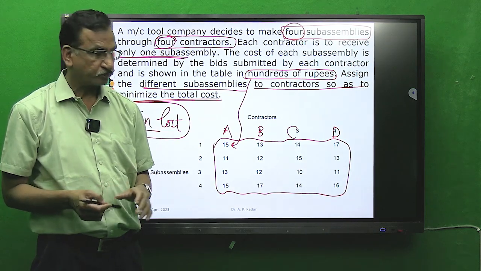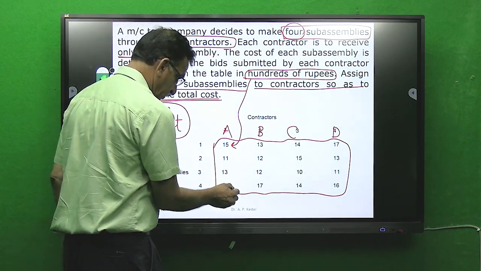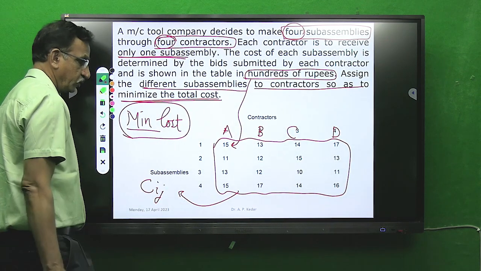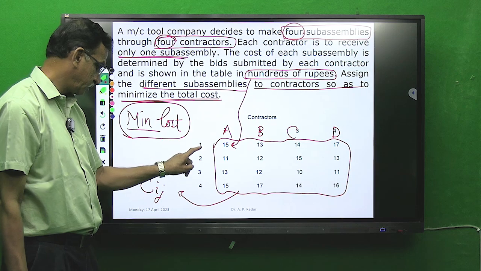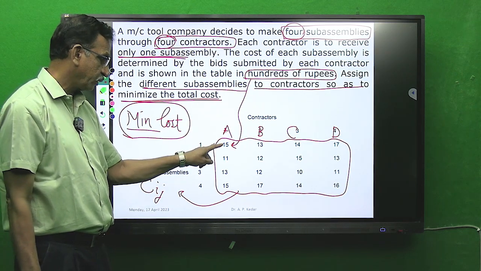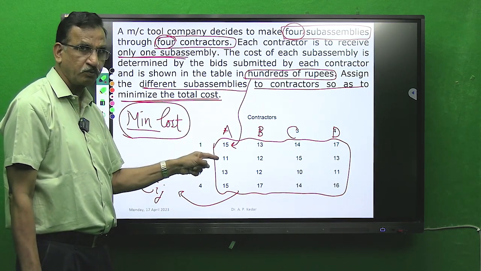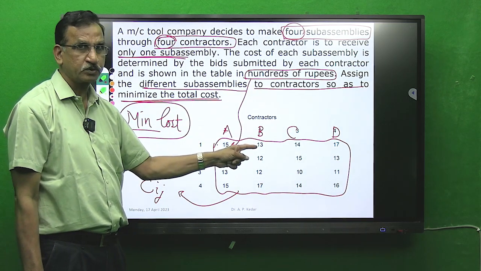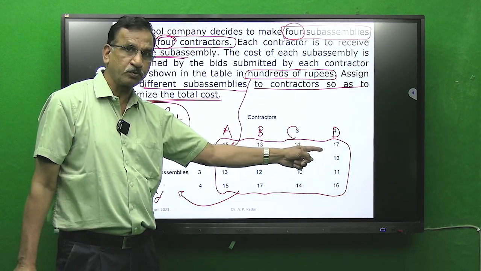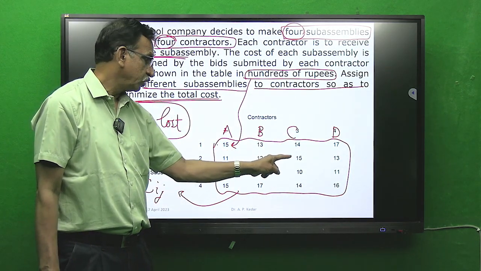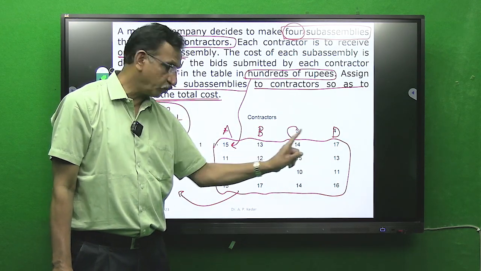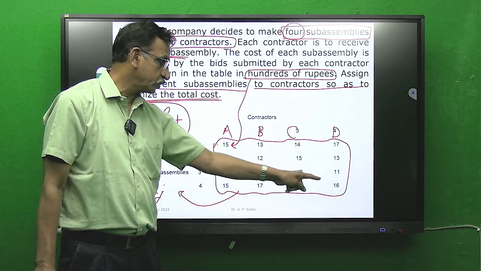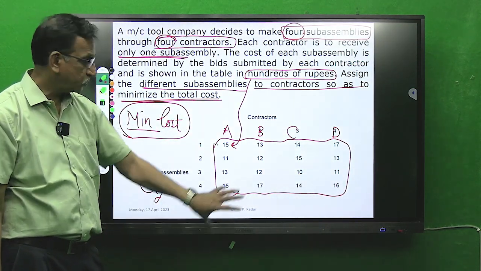If you recall, these are all Cij values: C11, C12 first row second column, C13, C14, C21, C22, C23, C24, likewise C42, C43, C44. So these are the cost values.